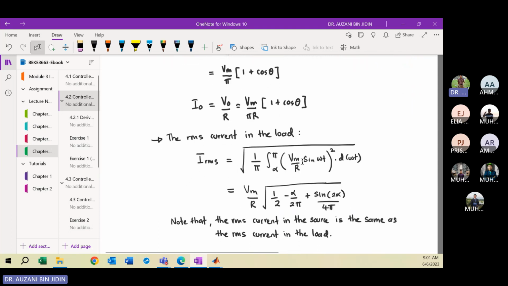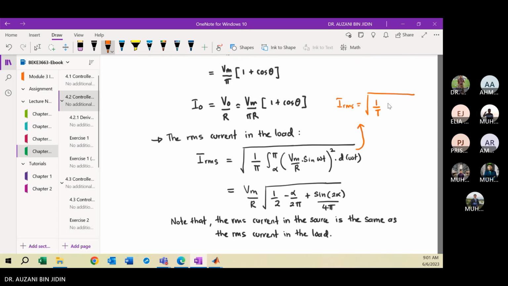So remember to use this equation. So in order to calculate RMS, actually you can write it in general. This equation comes from here. So the RMS value: you square all this term, where this is 1 divided by T, the period of the output voltage or the current, the RMS current, sorry.